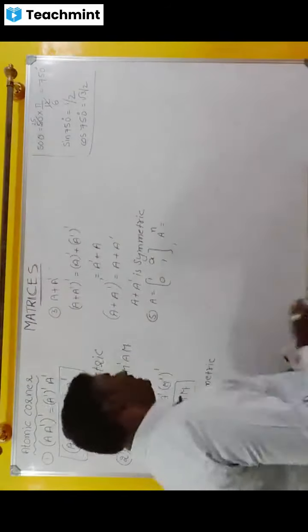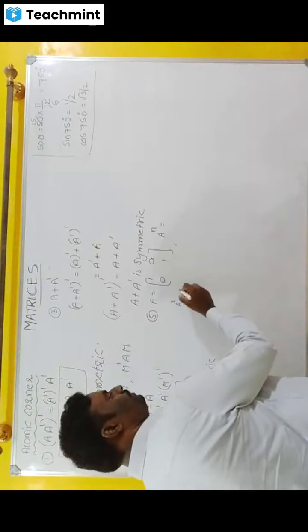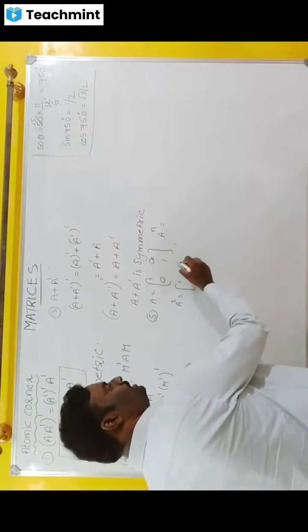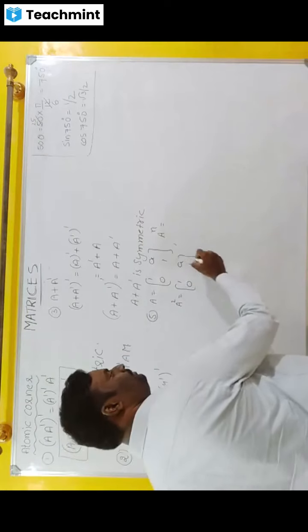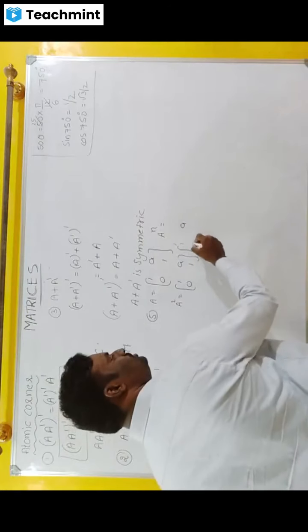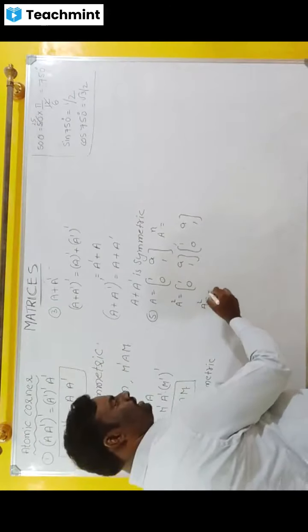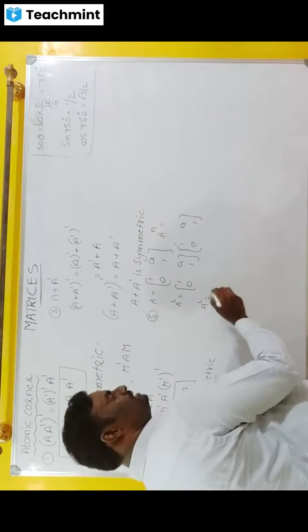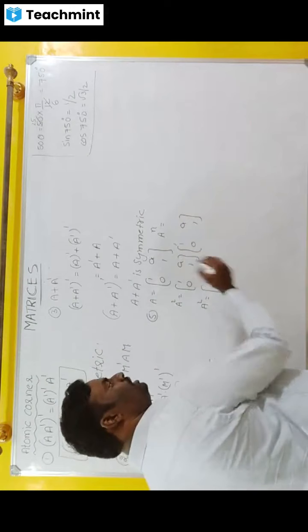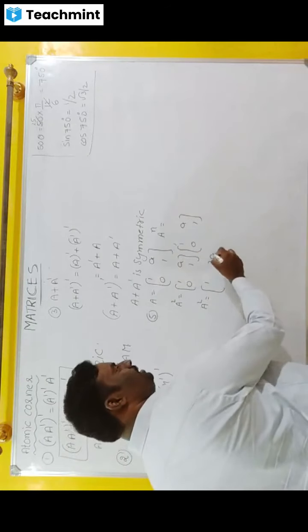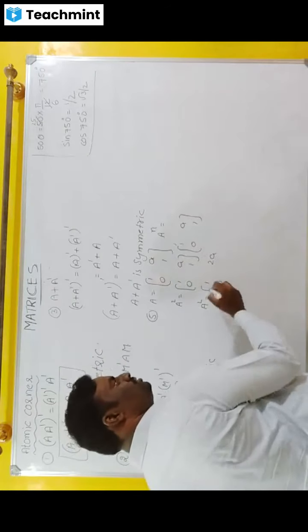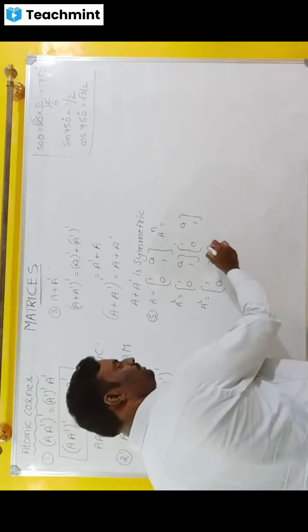First A square. A into A, which is 1 A 0 1 times 1 A 0 1. If you apply matrix multiplication: 1 into 1 plus A into 0, 1 into A plus A into 1 gives 2A, 0 into 1 plus 1 into 0, 0 into A plus 1 into 1.